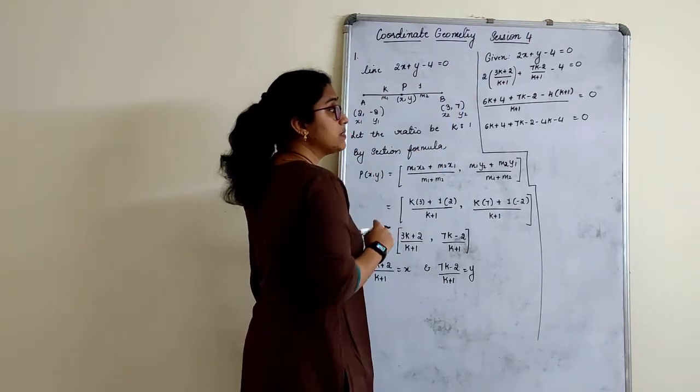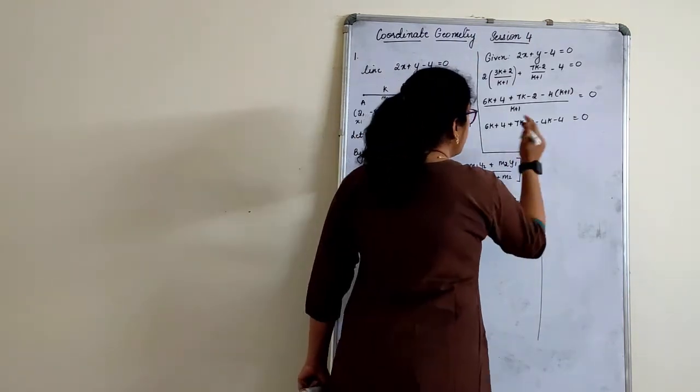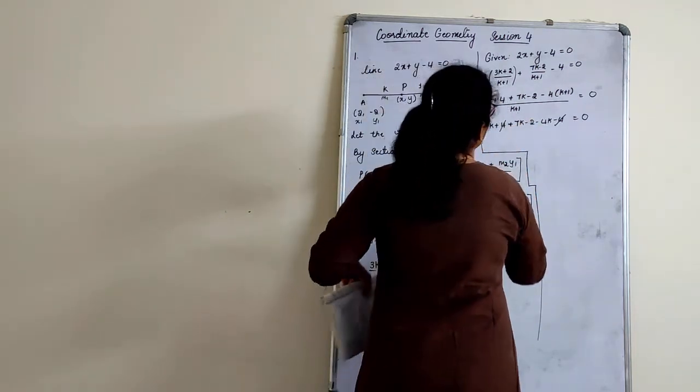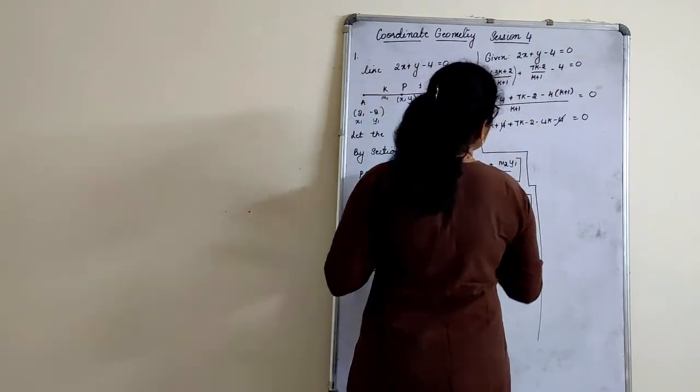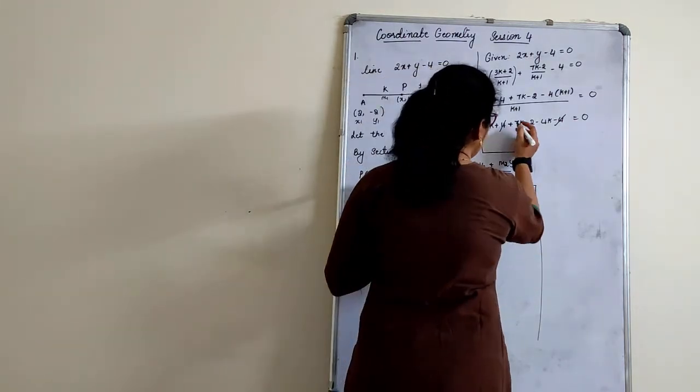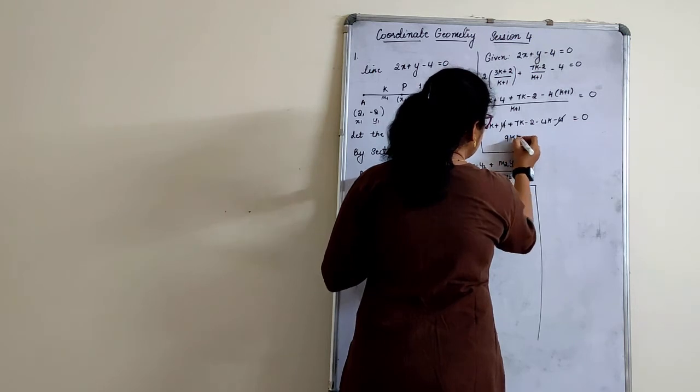k plus 1 will transpose there, it will become 0. So, minus 4 plus 4, I can actually cancel. So, 6 minus 4 is 2k. 2k plus 7k, how much do I get? 9k.